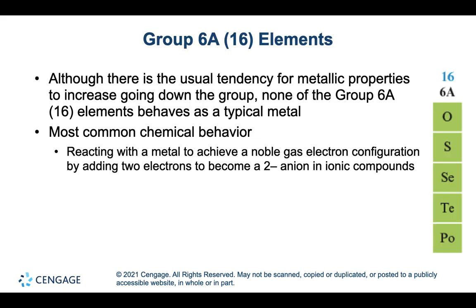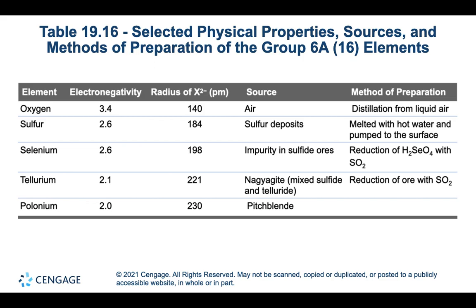Okay, getting over to group 6. Now we're into the oxygen family, ns2np4. So we get the tendency to form -2 anions for O and S and Se. Here's how you would make the various group 6 elements.